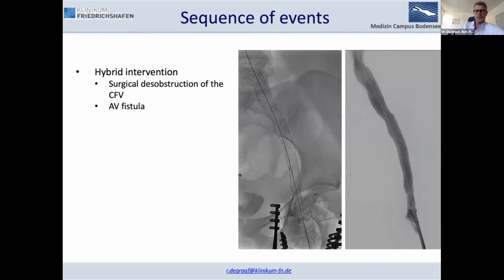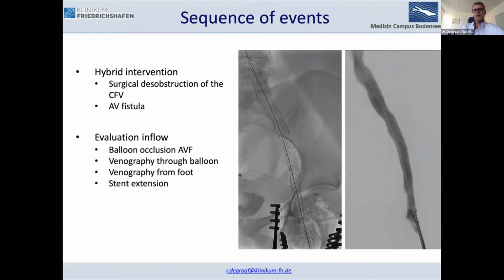With a hybrid intervention, you do a surgical desobstruction, we know that, and place an AV fistula. Some clinics do it without an AV fistula. I have no idea which one is better. Some say AV fistula, some say don't. But thereafter, of course, we need to evaluate what's going on. What I used to do is go from the contralateral side and get into that PTFE loop that's placed, and then do an angiography through the balloon, and you can see if the stent is open at all.